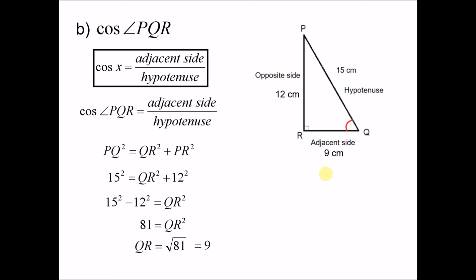So since we already found the adjacent side, which is 9, we can fill in the formula. Cosine of angle PQR equals adjacent side, which is 9, over hypotenuse, which is 15. We simplify this, you get 3/5. This is the final answer.